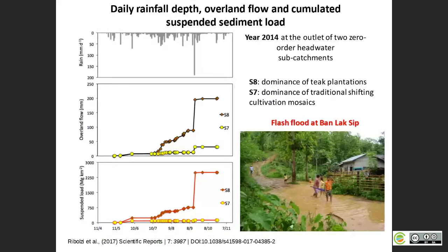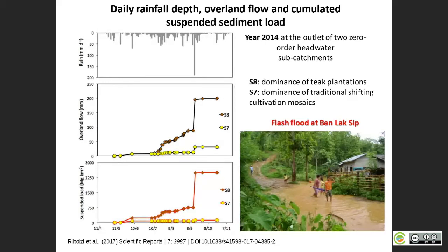And in 2014, there was a very heavy rainfall event, and you see that both in terms of runoff and sediment production, if you compare the hill slope covered with a teak plantation, which is this curve, versus the one covered with annual crops, whether you look at runoff or erosion, you have a dramatic difference between both situations, with a much higher production of both runoff and sediment, and the village at the outlet was flooded, which was the first time.